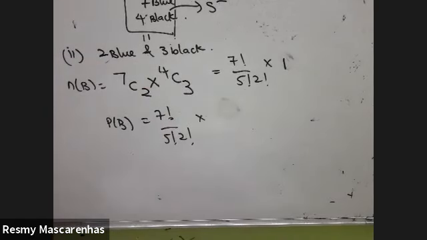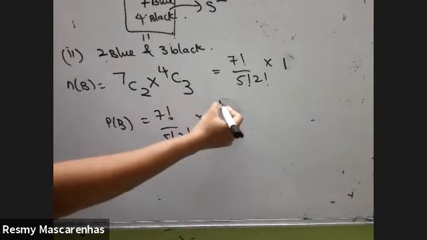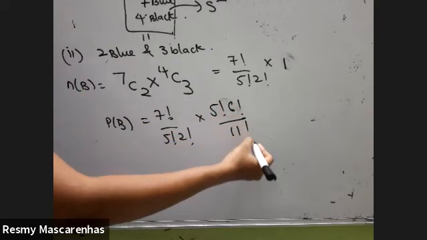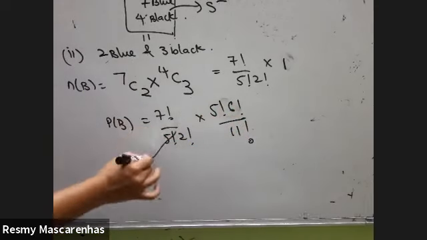What was that? 11C5, no? 5 factorial. Again, 5 and 5 will cancel.